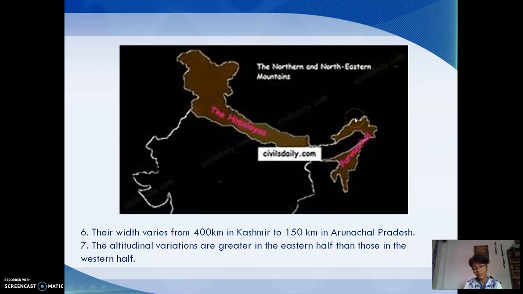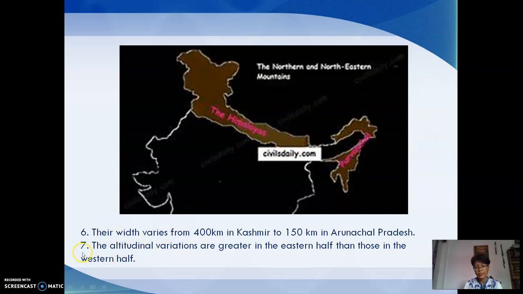You can compare yourself that definitely on the western side it is more, which is given as 400 km in Kashmir. This is Kashmir, I'm showing here. And in Arunachal Pradesh, you see it is narrower, that is 150 km on average. You cannot say exactly. It varies from place to place.